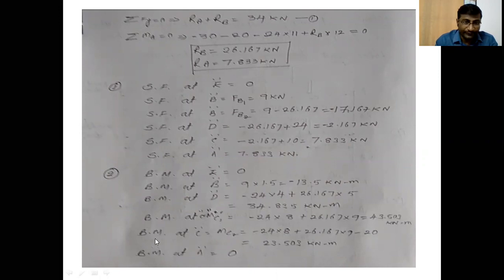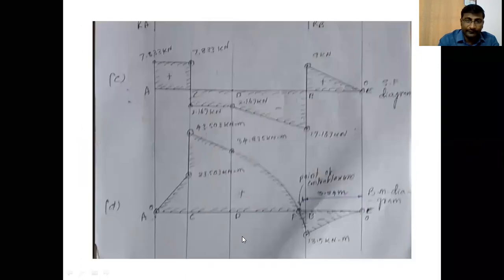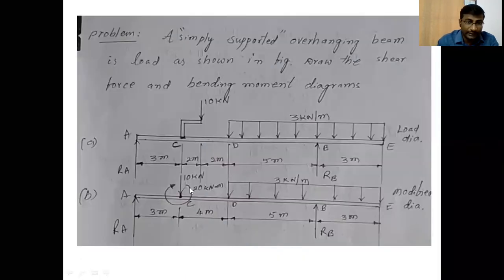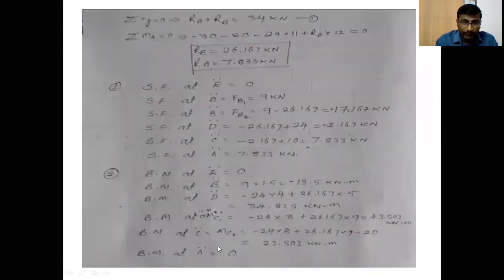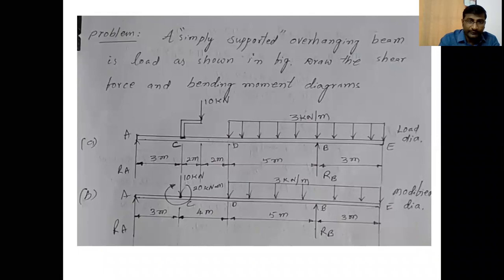That is MC1. Then bending moment at C, MC2. The second time we have to consider this 20 kilonewton meter. So simply, till point C this is 43.503, and with considering the couple, it is acting in a clockwise direction.